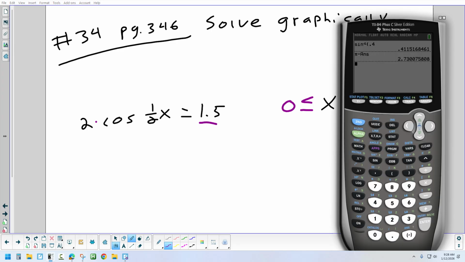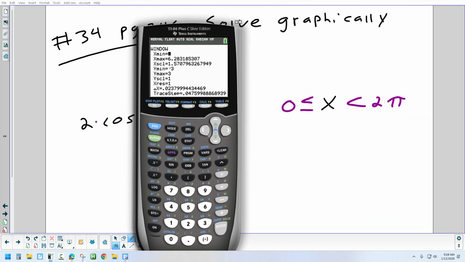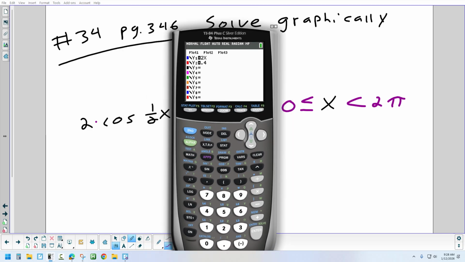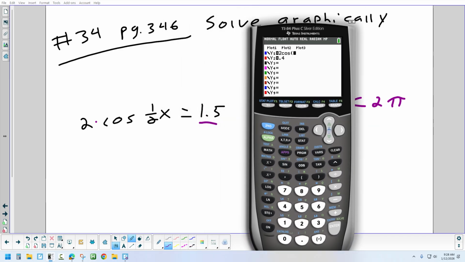All right, so let's set up our window. So 0 to 2 pi is pretty common. A lot of times, once you set 0 to 2 pi, you might not have to change it for quite a few questions. We're going to put in 2 cosine. Now, if I was doing this, I would put in 0.5x, because then I wouldn't have to deal with an extra set of parentheses. But if you get a fraction, like 7/13, that's not a nice decimal, you are going to have to do it as a fraction.